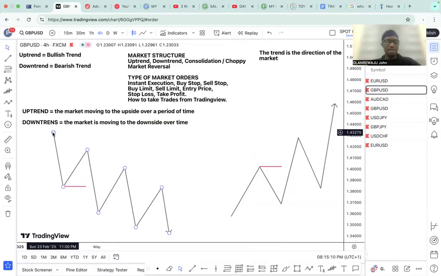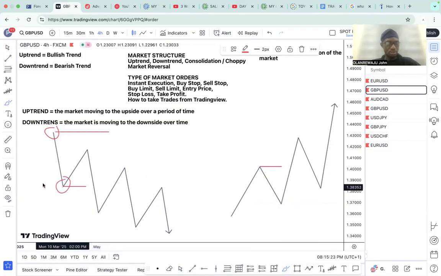So in this case, the market creates a high, because when you compare this position to this position, this is a high. Is it making sense? And then this is what? A low. Then the market comes back up. Now, this is a new high because when you compare it, this place is higher than whatever is down here.